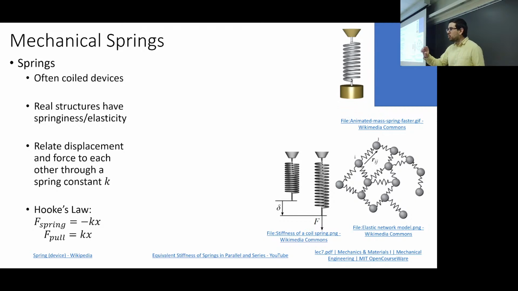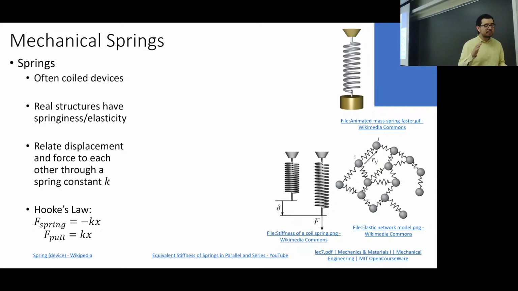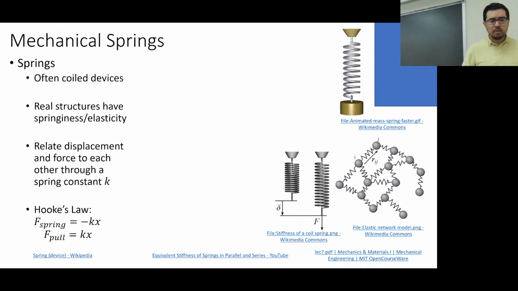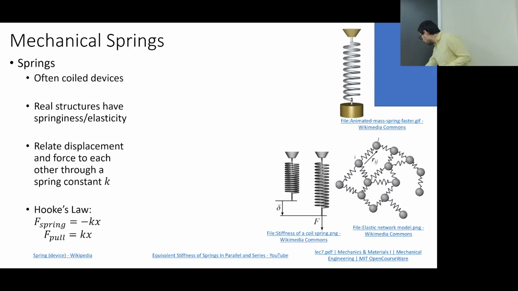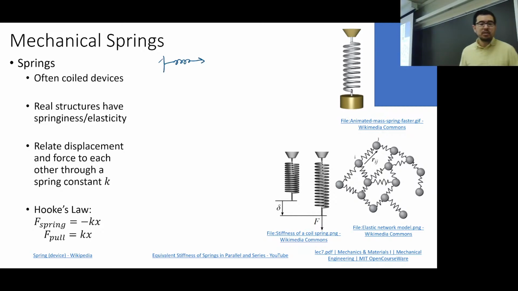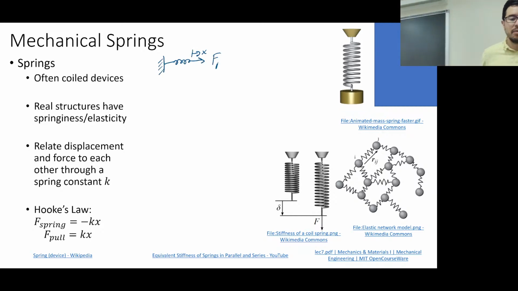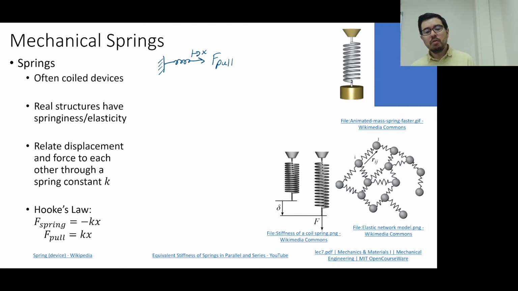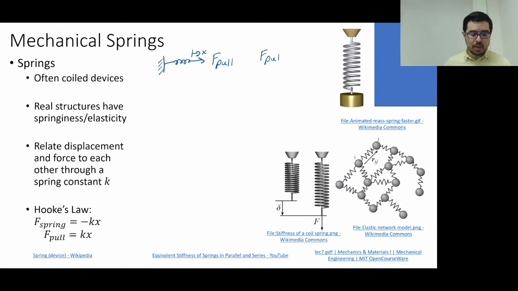In the other case, the force and the displacement are in the opposite directions, okay? In this class, again, we're going to think more about F equals kx with a positive relationship between the force and the displacement. So here's just a little bit of an illustration that we can have a pull force, and the pull force we'll say is going to be equal to kx, same thing.